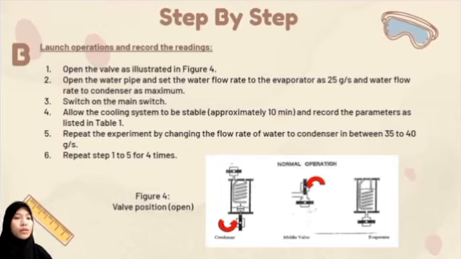Step 5: repeat the experiment by changing the flow rate of water to the condenser to between 35 and 40 grams per second. And the 6th step: repeat steps 1 to 5 for 4 times.